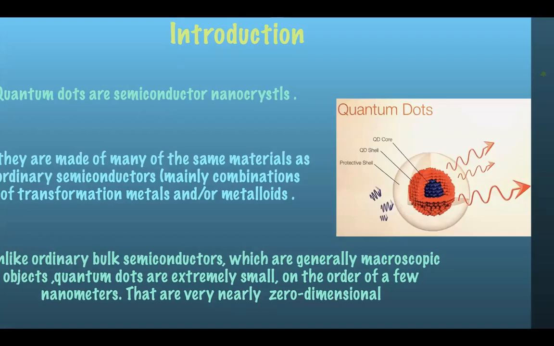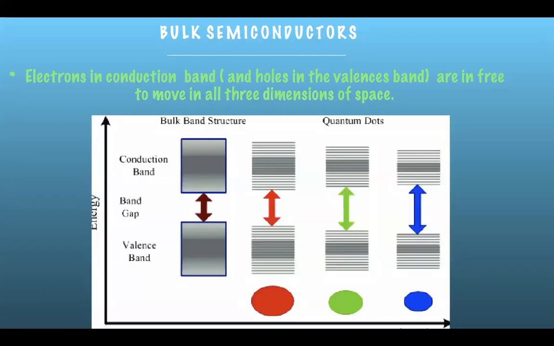And then the bulk semiconductors. What is meant by bulk semiconductors? Electrons in the conduction band are free to move in all the dimensions of space. Here, the electrons present in the conduction band are free to move in three dimensions.